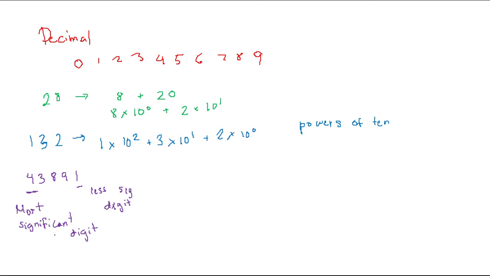And of course we can express it in powers of 10, and it would be like writing 4 times 10 to the 4 plus 3 times 10 to the 3 plus 8 times 10 to the 2 plus 9 times 10 to the 1 plus 1 times 10 to the 0.